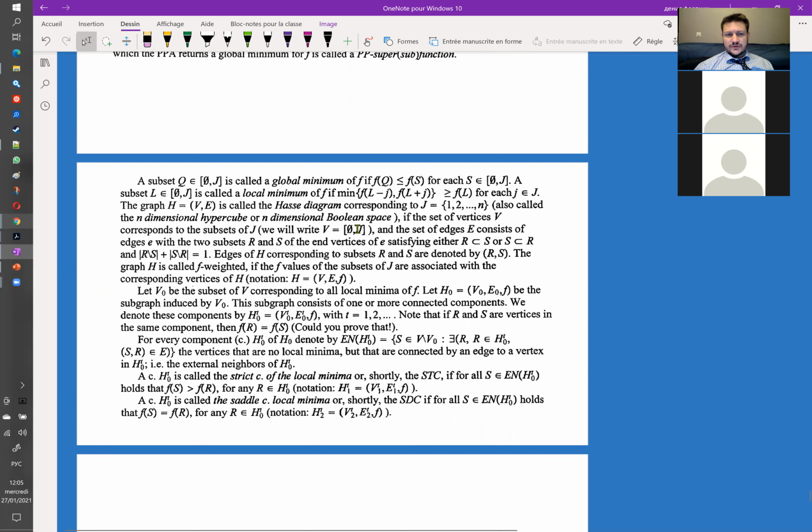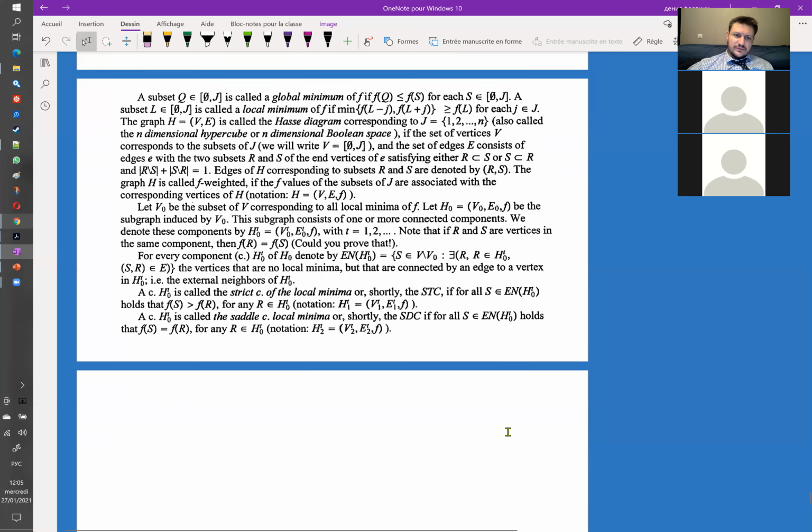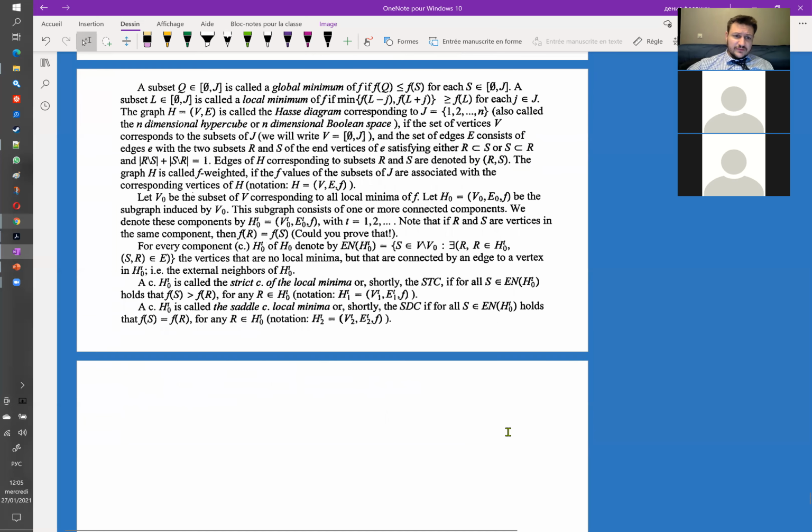I don't think that we should discuss a Hasse diagram right now, but maybe next week we will mention these diagrams and maybe look at them. What does it mean? I mean the definition, because we have such a diagram already in our lecture. Okay, there is the way how we can solve it.